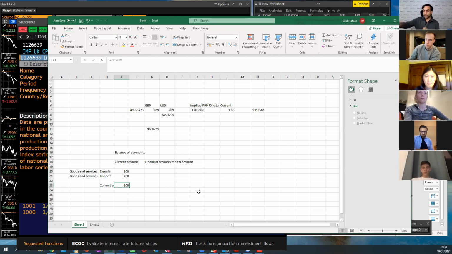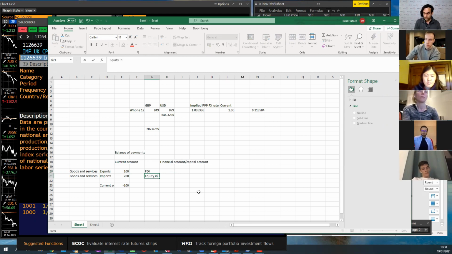That means that you have an outflow going to other countries. But the nature of the balance of payments is that if you're seeing an outflow, there must be some capital flow coming into your country to recycle that current account. So normally the financial account is made up of FDI, foreign direct investment, so people investing in factories in your country. It could be equity inflows, and it could be bond inflows.